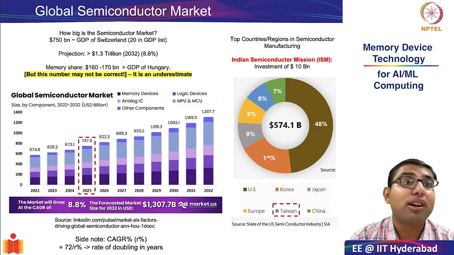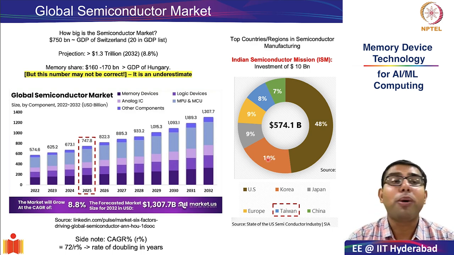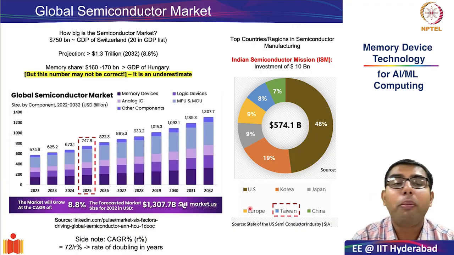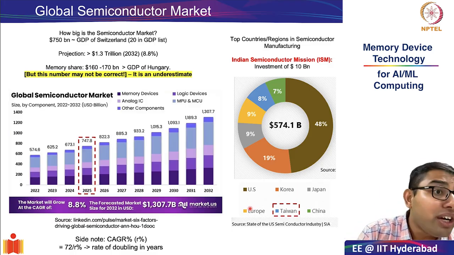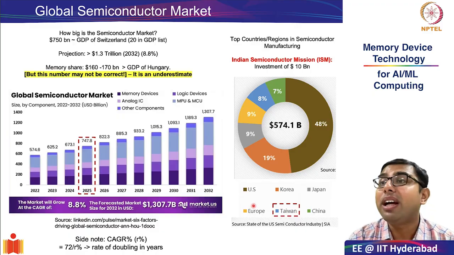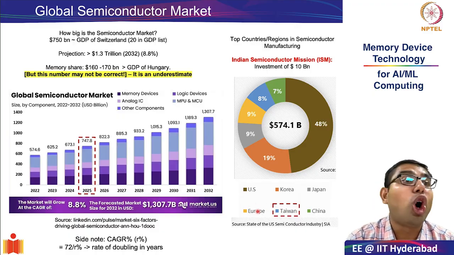The population of Telangana is 3.5 crores. The Taiwanese population is only 2.5 crores. Compare this to the population of Europe, which is roughly 70 crores, or 700 million. You see, in semiconductor manufacturing, the share of Taiwan and Europe is almost the same.